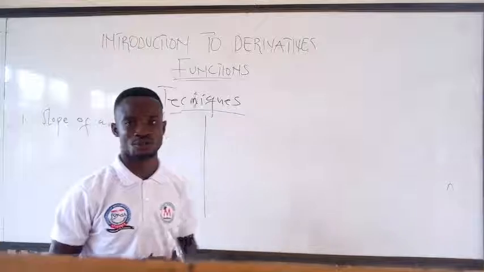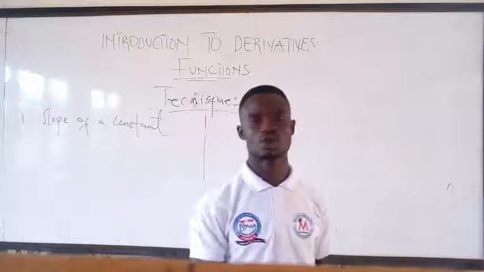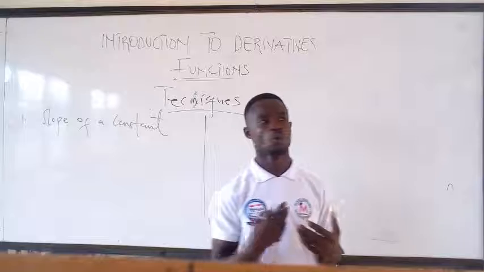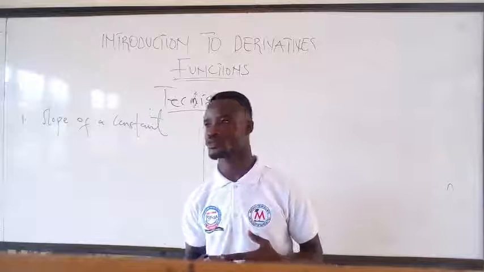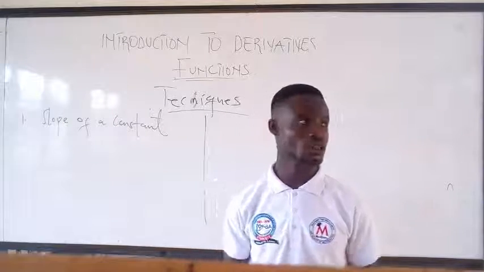Slope of a constant. So we have, let's say y is equal to 5, y is equal to 2, y is equal to, in general, c. How do we do the derivative of it?